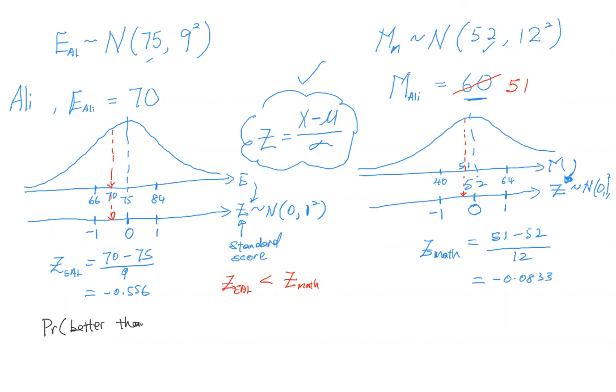that means their standard score for both maths and English must be higher. They are different. So EAL performing better than Ali means I want to find the probability that the English mark is more than Ali. Okay, so I want to see the percentage.